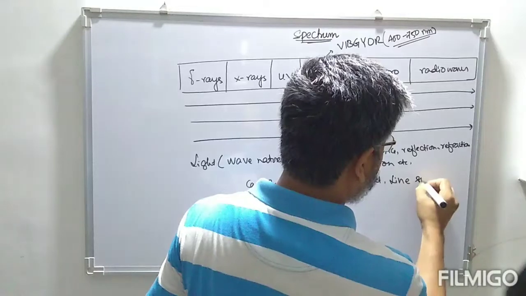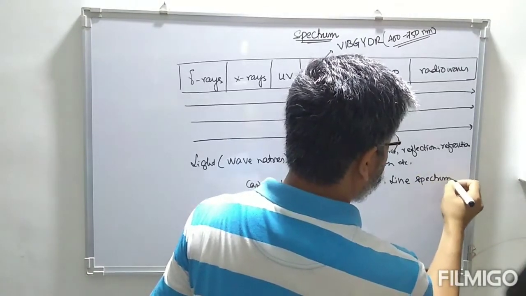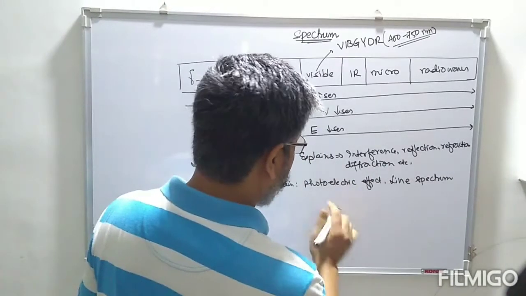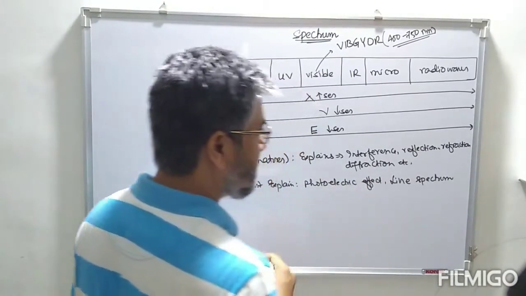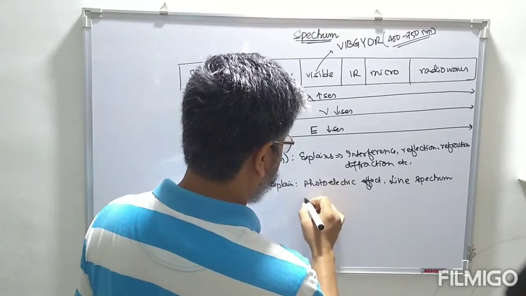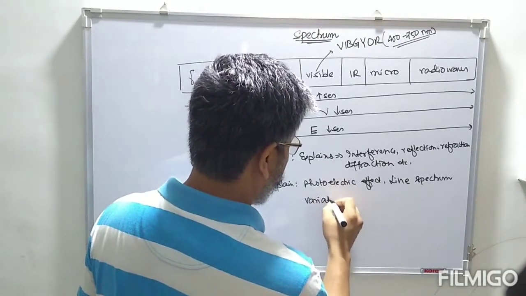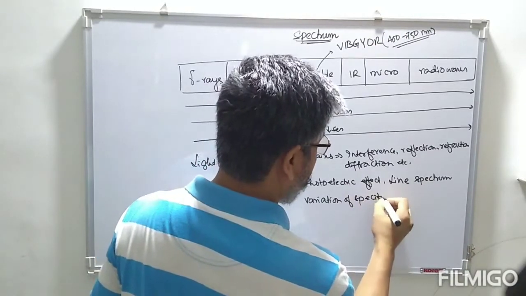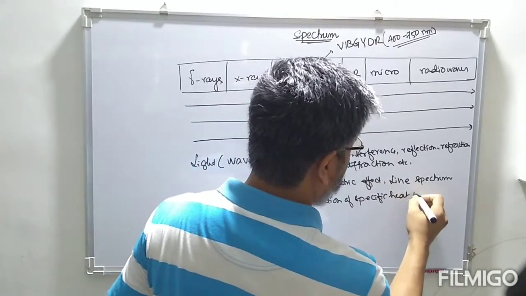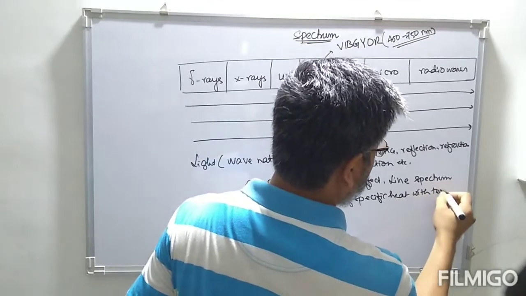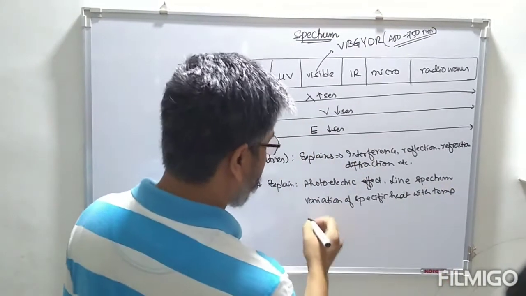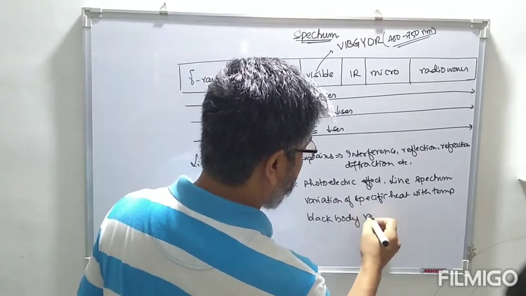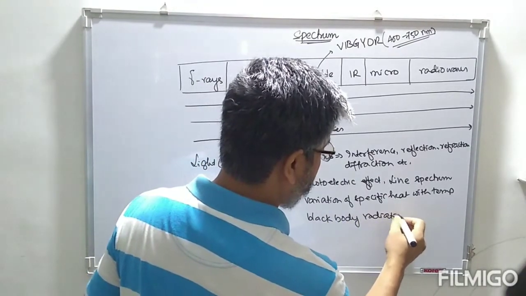These cannot explain line spectrum. These cannot explain variation of heat capacity, variation of specific heat with temperature, or black body radiation.